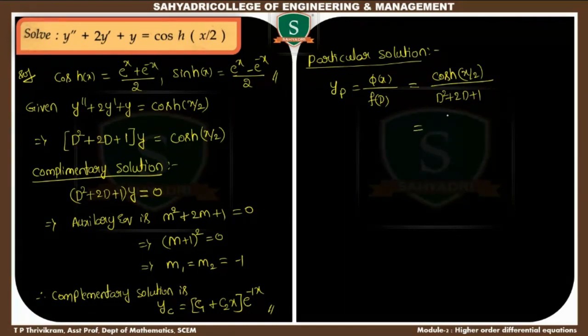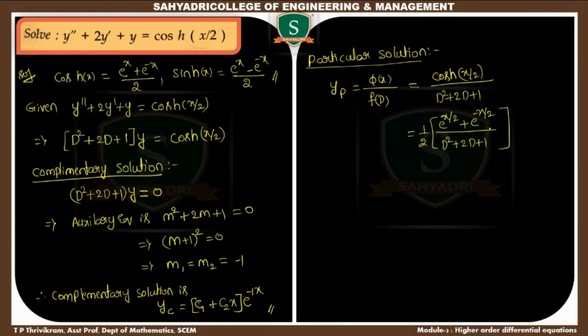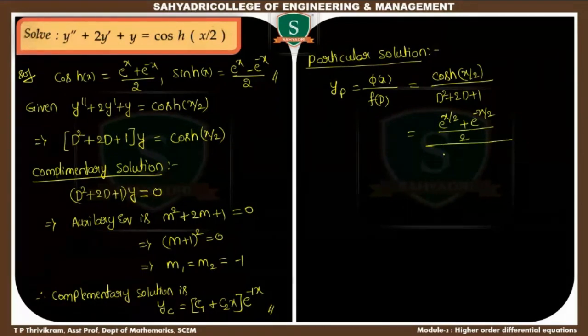I'll convert this in terms of the definition, that means e power x by 2 plus e power minus x by 2, whole divided by 2, whole by D square plus 2D plus 1.